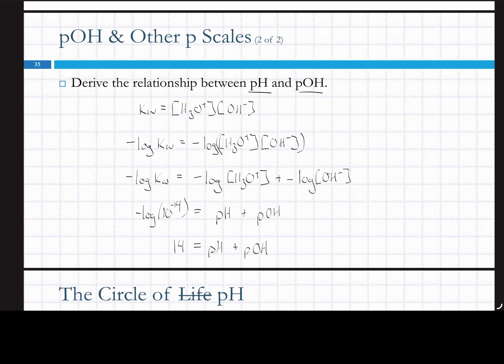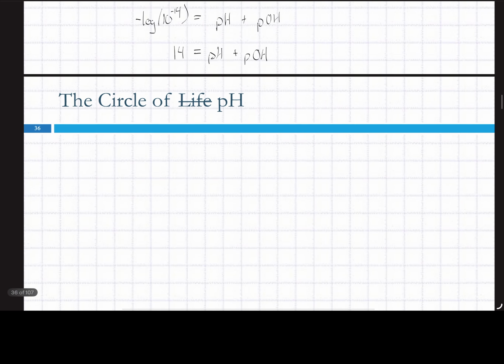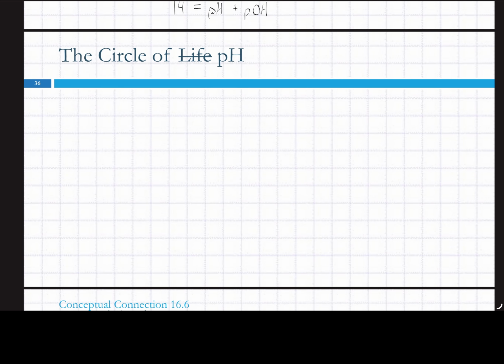But I present you with the circle of life, or the circle of pH actually, because there's a lot of ways that we can convert between things. I don't know which one I usually put at the top. Let's do H3O+.